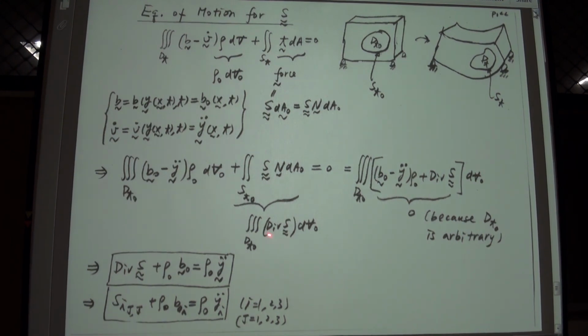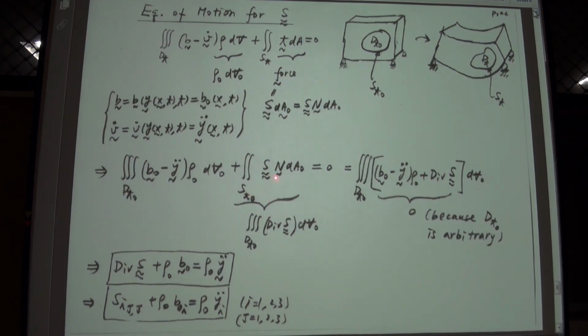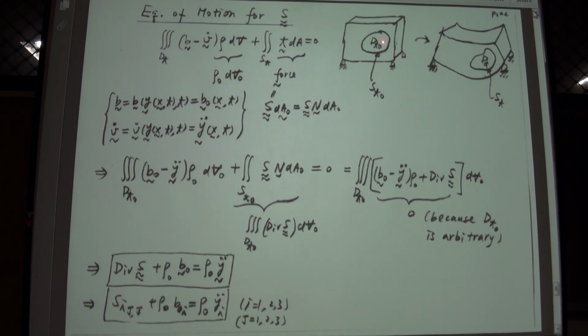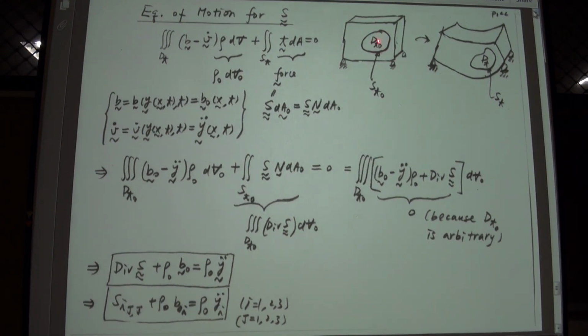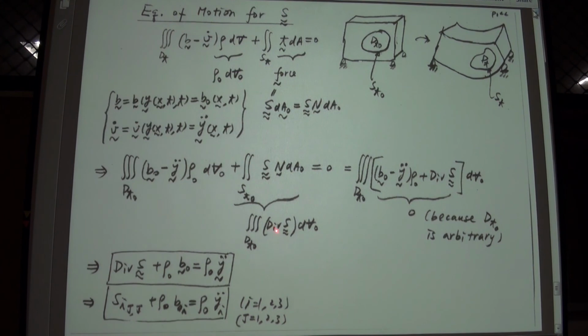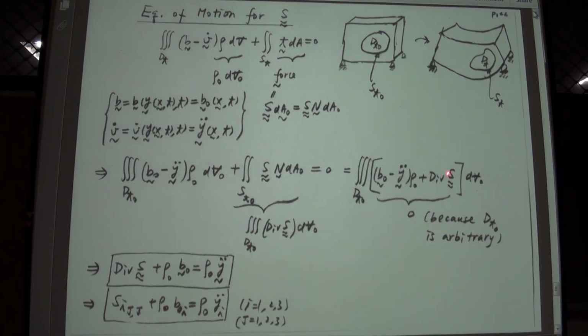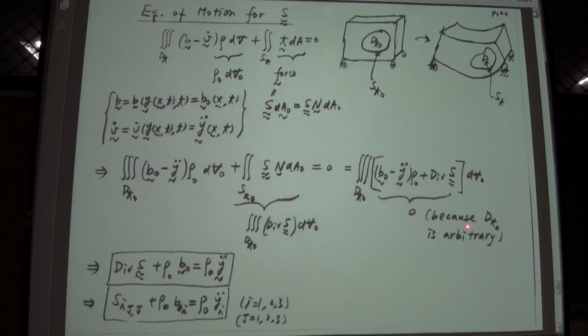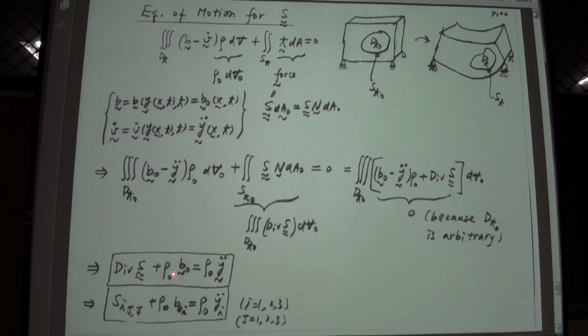Now we can use the divergence theorem again in the undeformed configuration. We can turn the surface integral into the volume integral. This is the divergence of S, and then we group all the terms like here. Because the domain is arbitrary, this term must be 0, so we have this now.